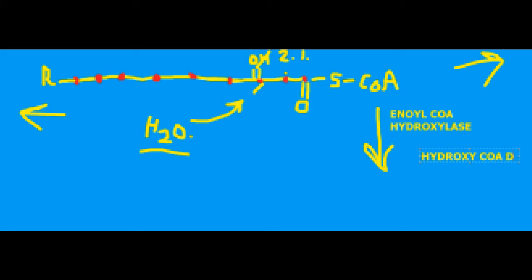Then thiolase, which is the next enzyme in the process, and the final one, allows the severing here between the second and the third carbon in the fatty acid chain, and also the addition of S-CoA onto the third one.